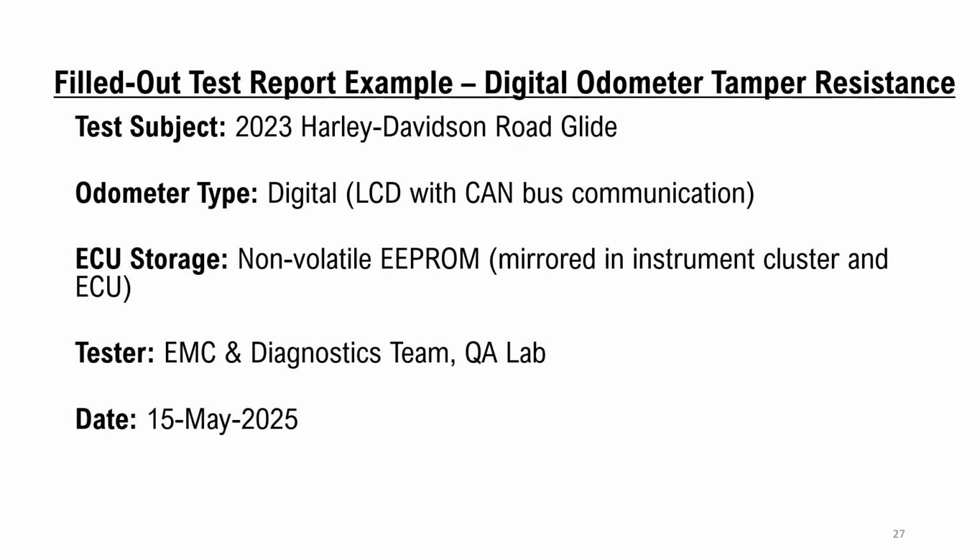The filled-out test report example includes the test subject, a Harley-Davidson Road Glide, odometer type, ECU storage, tester, that is the EMC or diagnostic team and/or QA lab, date 15th May 2025.